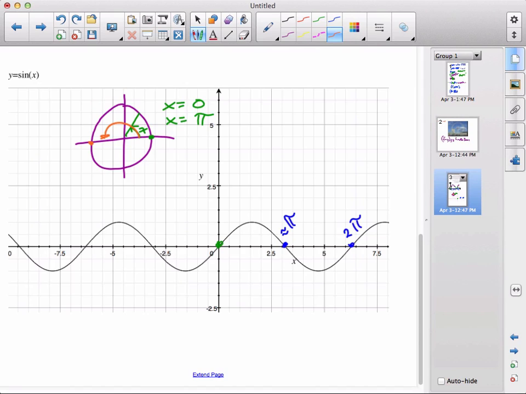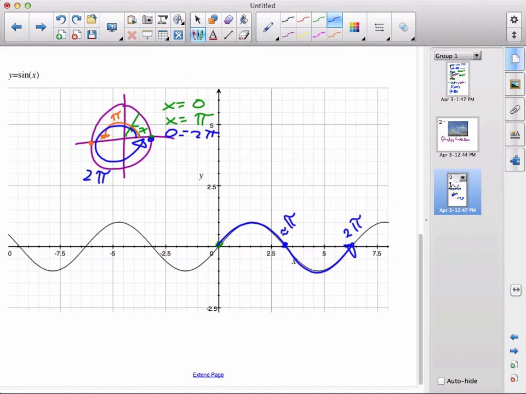Our sine of pi is 0, and our sine at 2 pi is also 0, right? And in fact, it's made its way all the way around the circle. It's made its way completely around one oscillation, if you will, in 2 pi, right?